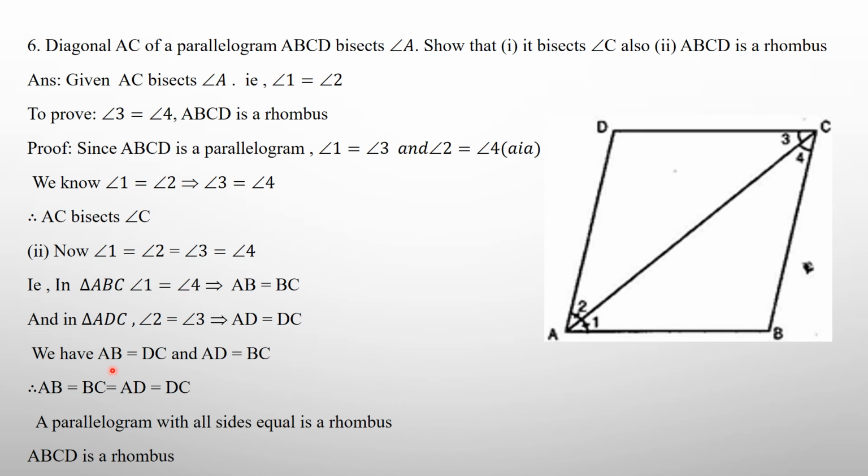Now we got AB is equal to DC and AD equal to BC using the condition ABCD as a parallelogram. From this we got all the four sides, which are AB, BC, CD and DA are equal. Therefore, we can say a parallelogram with all four sides equal is a rhombus, and therefore ABCD is a rhombus.